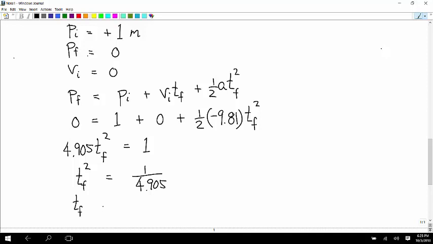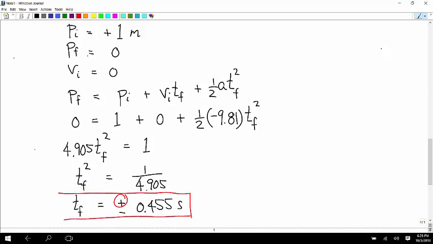And so TF is equal to plus or minus, I think it's 0.455 seconds. That's two possible times. Which one do we want, the plus or the minus? We only want positive times, so it's going to take 0.455 seconds to hit the ground.